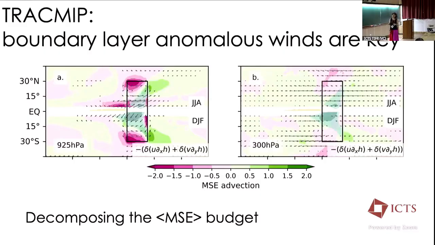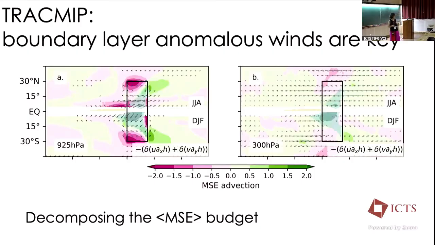When you do the same thing in TRACMIP, where you have a full CMIP class model, with all your vertical levels, all your radiation, all your bells and whistles, what do you find? We find that, in fact, it is the boundary layer anomalous winds that are key to the ventilation.